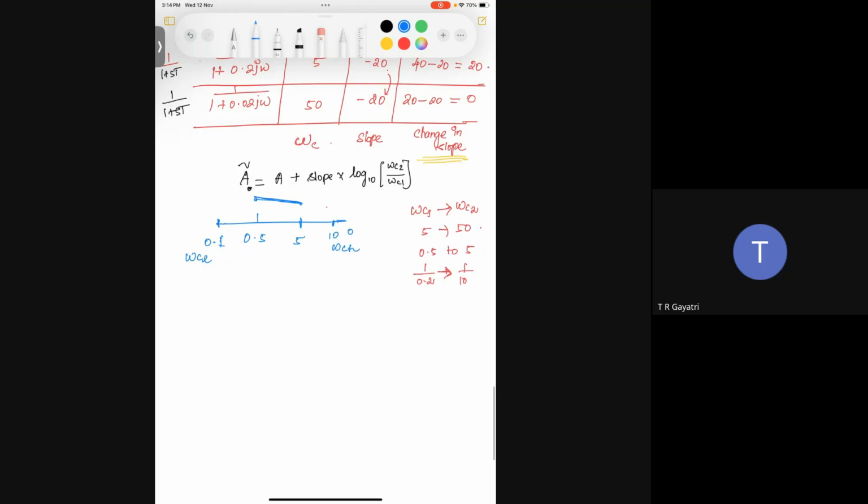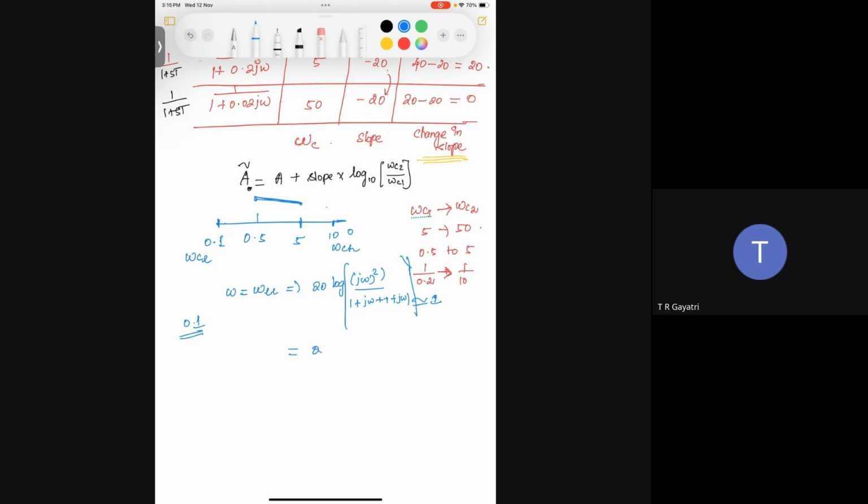And first, I'm going to calculate at omega equal to omega CL. Here it is 20 log of (j omega) squared divided by (1 plus some j omega) times (1 plus some j omega). Two transfer functions I have. But the denominator is going to be 1 because your frequency is very low, around 0.1.